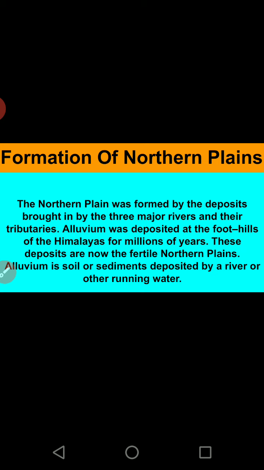By the rivers. Obviously the Himalayan rivers and the peninsular rivers. Lots of sediments were brought by them, and because the Himalayas are very high, the rivers brought all the sediments and started depositing them at the foothills, and slowly the complete gap got filled and we had the formation of the northern plain.